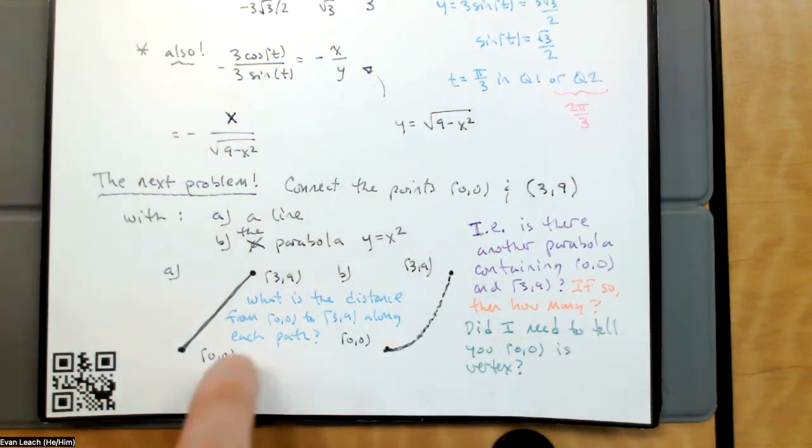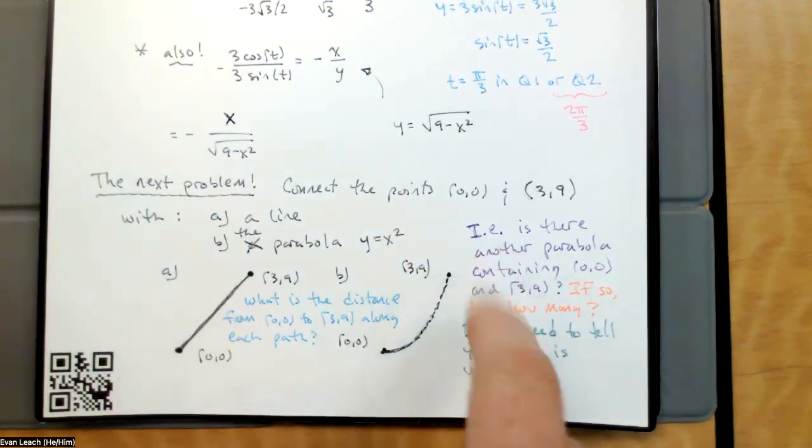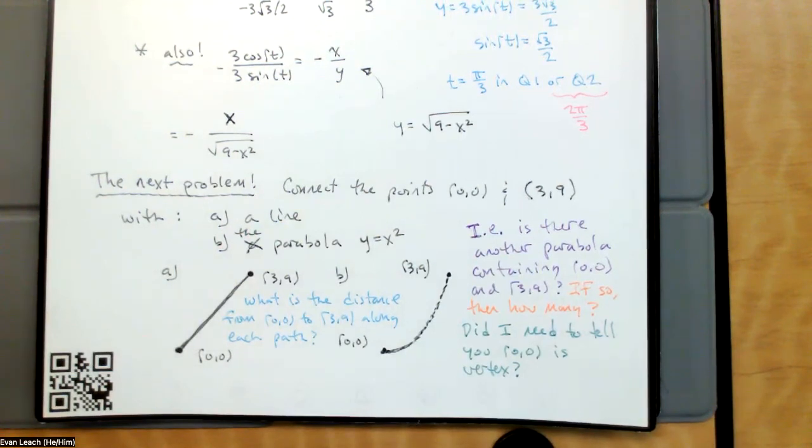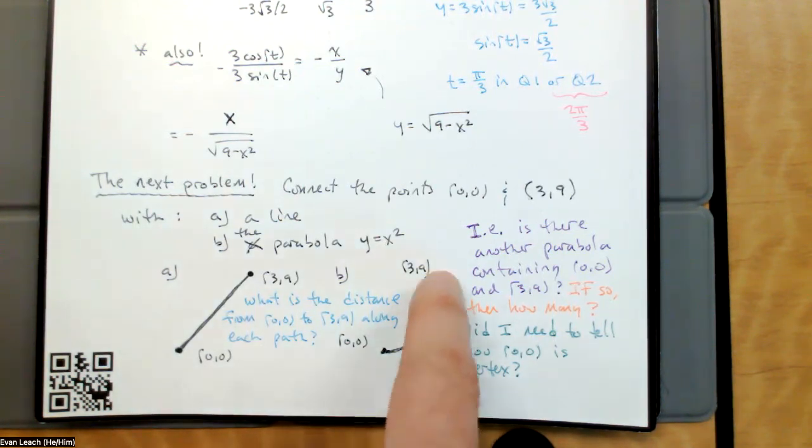So we've got a minimum distance and a maximum distance. If we just bend it all the way down to this backwards L shape, we know that if we get something more than 12 in our calculations, that's not right. Because this is definitely going to be shorter than going horizontally and vertically.